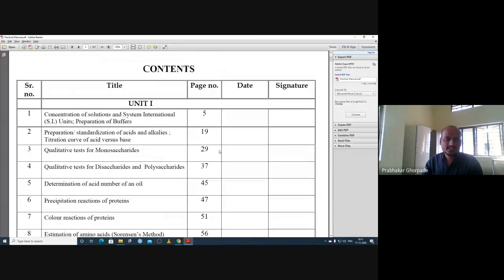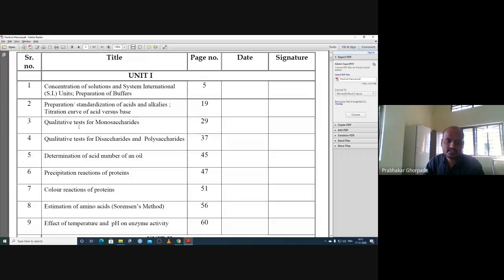Under unit test, you have these practicals: concentration of solution, system international units, preparation of buffer, preparation and standardization of acid and alkalis, titration curve of acid versus base. So this was in unit 1. Then we have seen qualitative tests for carbohydrates: monosaccharides, and later disaccharides and polysaccharides.